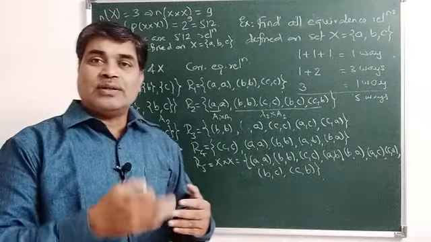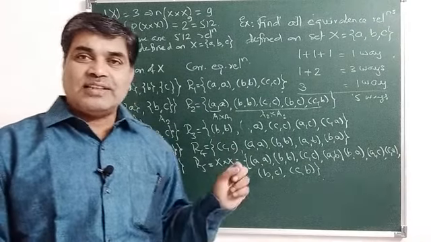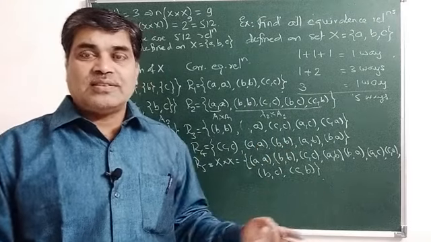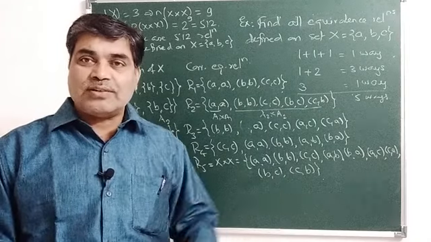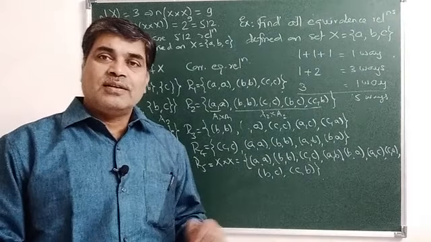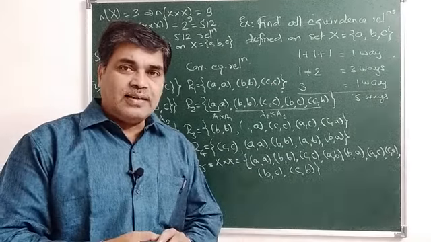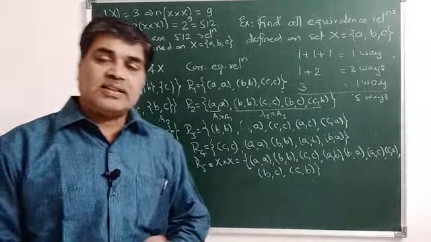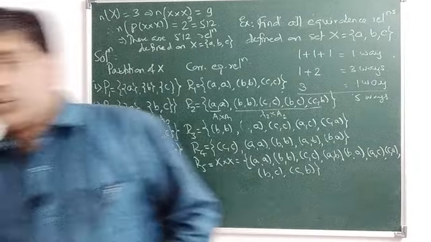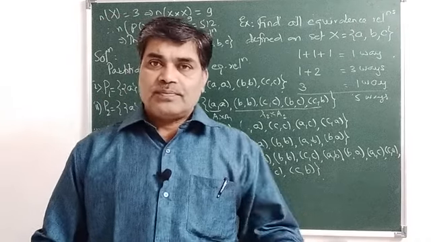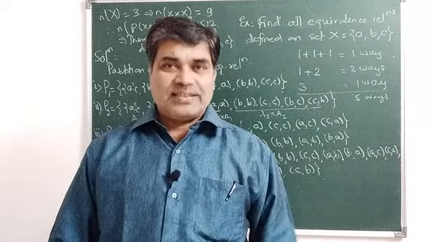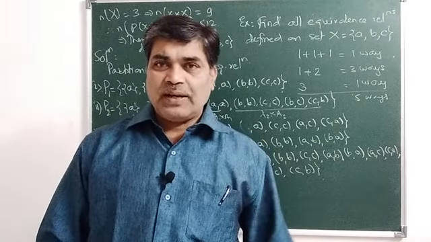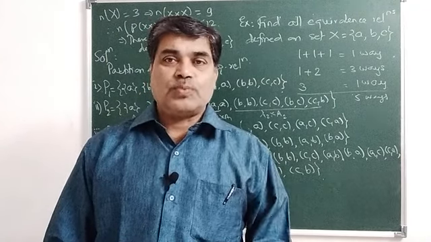So if you are going to check one by one, writing each relation and checking whether it is equivalence, we have to check 512 different relations and see which axiom fails, and due to that it is not an equivalence relation. And that's why, in the previous lecture, I explained that the equivalence classes theorem is too important for constructing the equivalence relations defined on at least a finite set. For an infinite set, it is a difficult task to construct their partitions. But for a finite set, this is a very useful result.